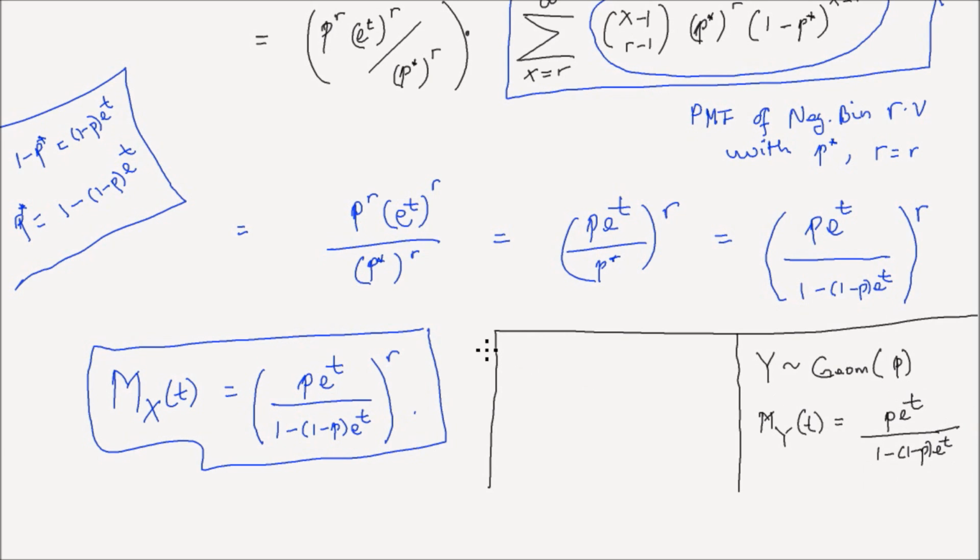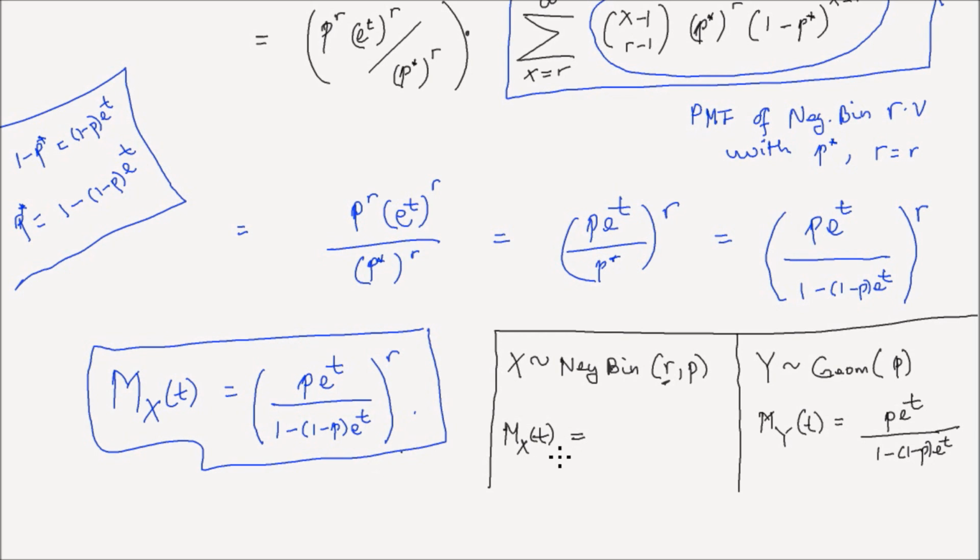That is very similar to the MGF of a negative binomial random variable, negative binomial r, p, where X is now the number of trials needed to observe the first r successes of Bernoulli trials, each independent with probability of success p, which we have found to be right here.